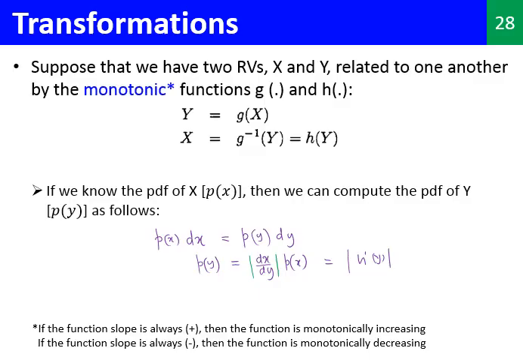Okay, and because we want to get rid of all the x's here, and x is going to be h(y). Okay, so we get this equation and we'll be using it later.